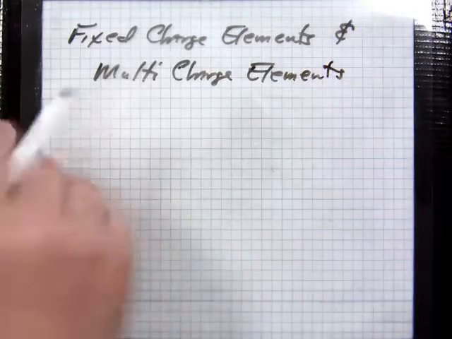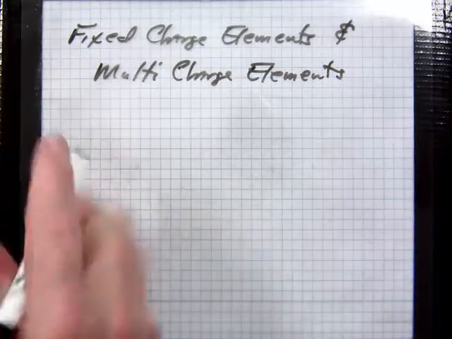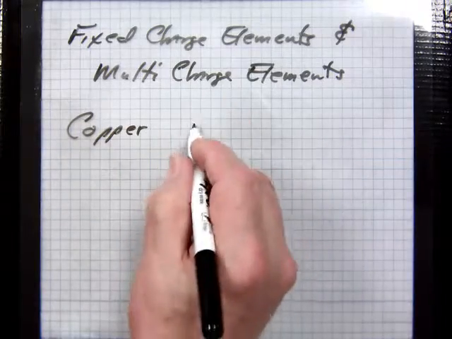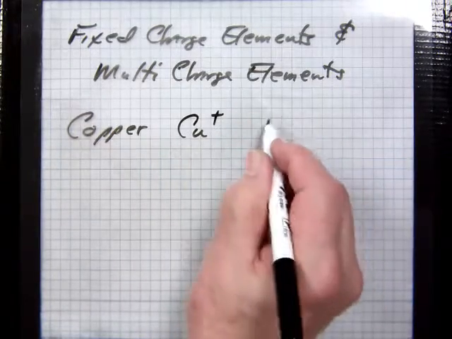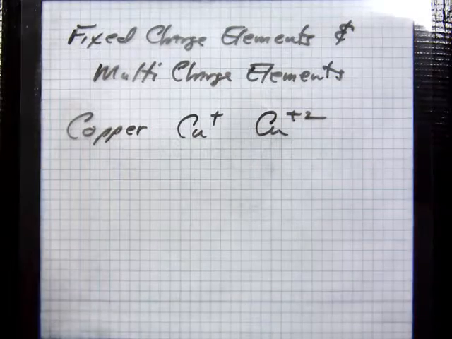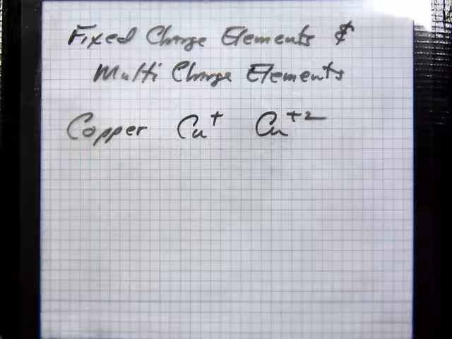How do you deal with that? Well, copper, for example, has 2 oxidation states. It has copper plus 1 and copper plus 2. So if you have to deal with that, you have to know what that oxidation state is.